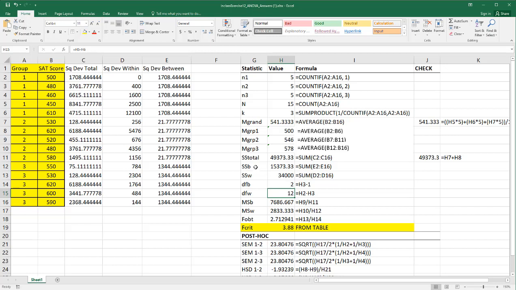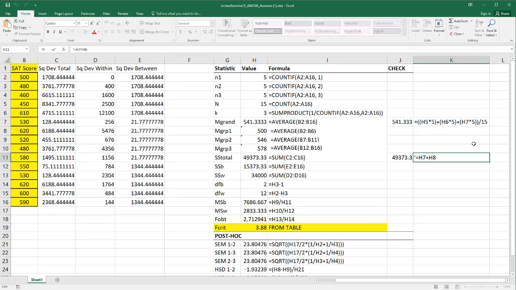I can check that I calculated these all correctly, or at least get a sense if I calculated them correctly, by adding together between and within. So here I have H7 plus H8, and actually now that I've made some tweaks, it should be H12 plus H13. And I see that if I add H12 plus H13, which is the between and within, I get the total.